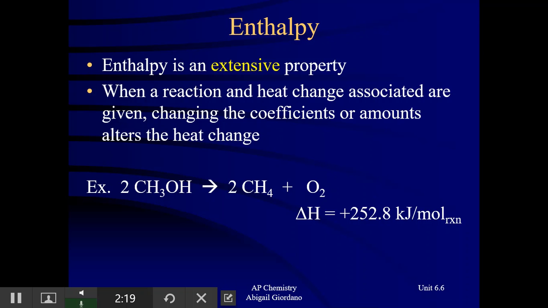So the first thing to understand about enthalpy, heat energy, is that it is an extensive property. Now let's review what that means. That means that the value, the change in heat for a reaction, will change depending on how much material you have reacting. Okay, and I always give the example of a candle burning as a chemical reaction. It's a very small, very controlled combustion reaction.